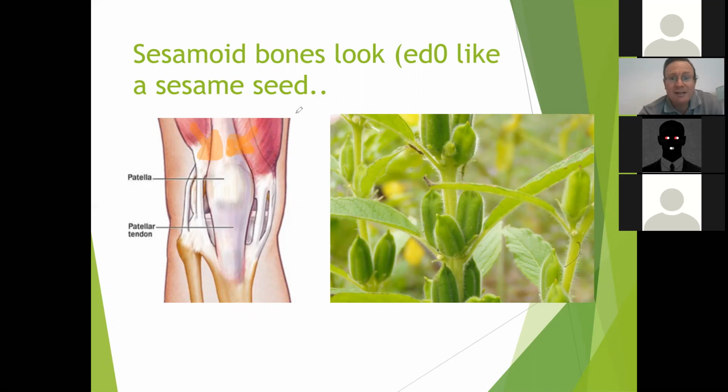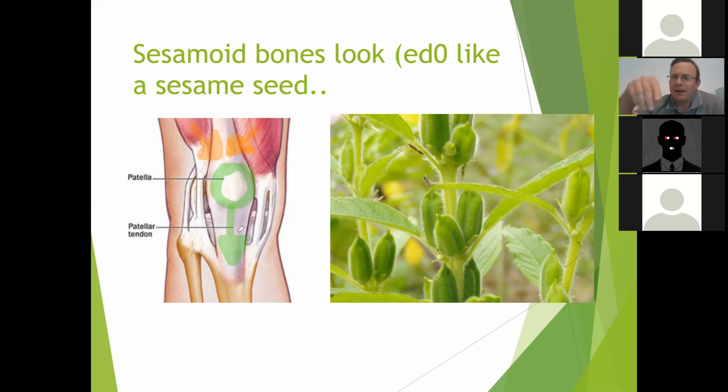The patella itself sits deep inside that tendon, and it means that it glides with the surface underneath. So the quadriceps pull up and they transmit their force via that tendon onto the tibia underneath.